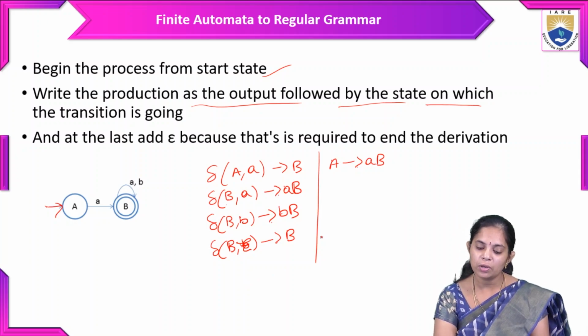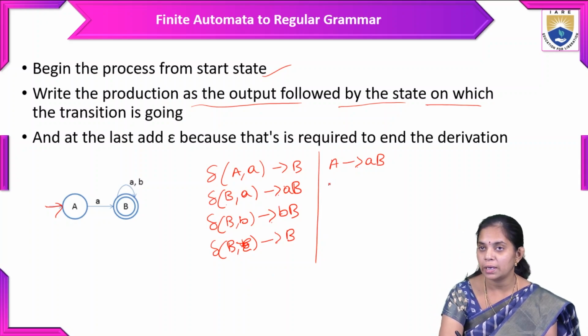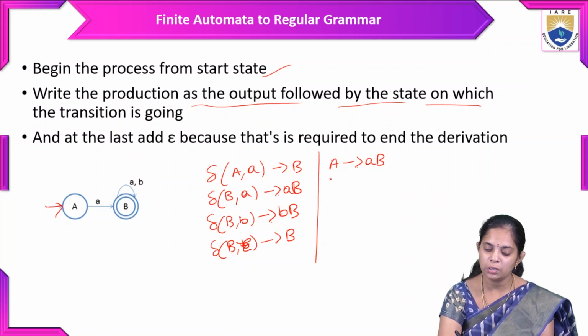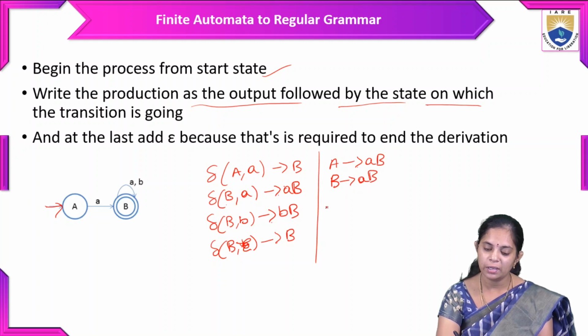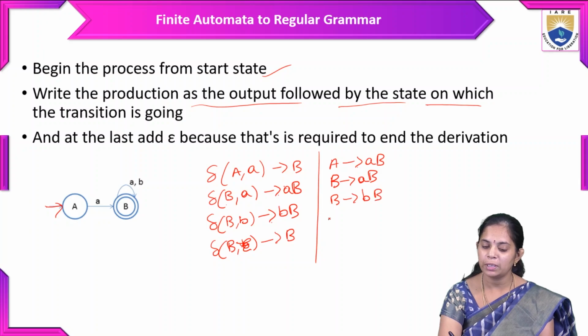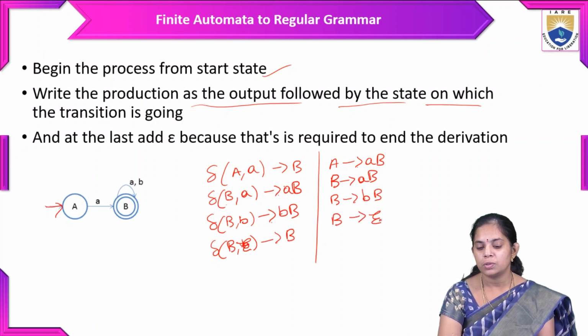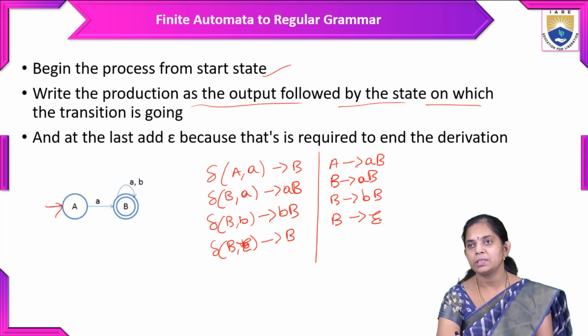Then we convert this into production rules. So B tends to A B, B tends to B, capital B, and B tends to epsilon. So B tends to epsilon is included.